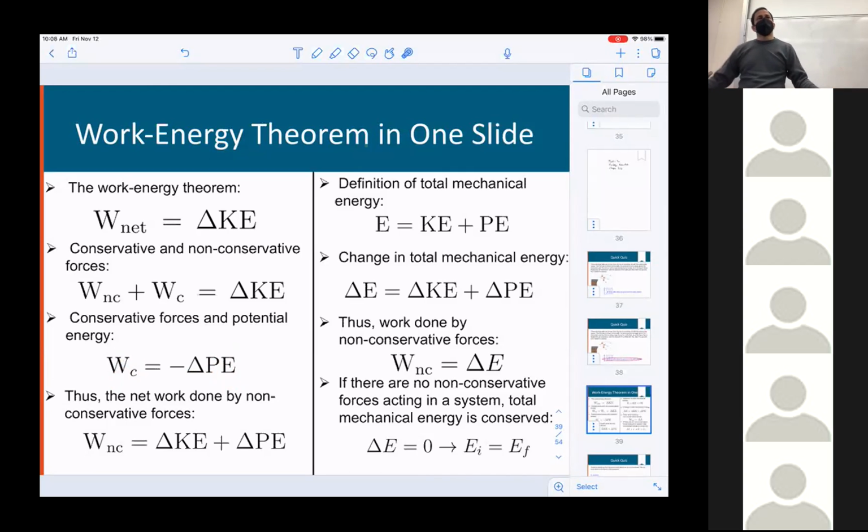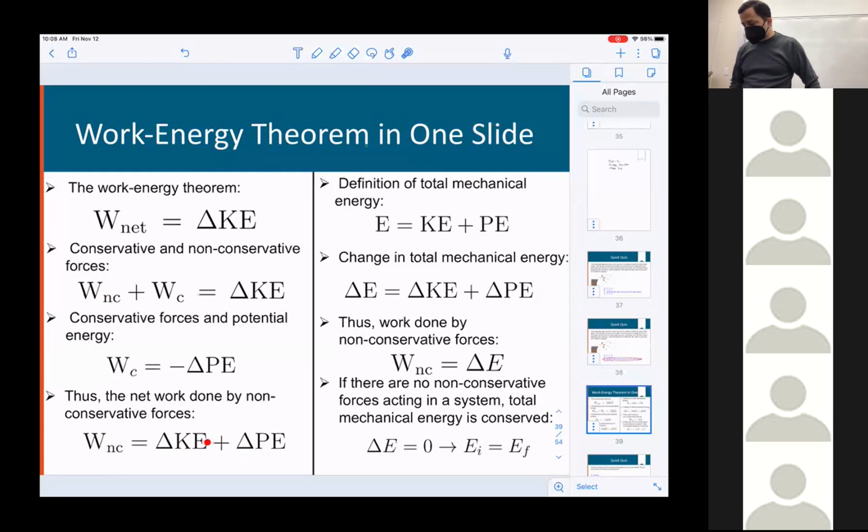And for gravity, we saw that there's a potential energy function, which is mgy. So you just tell me the initial and final y coordinates, and I can calculate the work done by gravity. If I then substitute this back up here and solve for the work done by non-conservative forces, I get that the total work done by all non-conservative forces is the change in the kinetic plus potential energy.